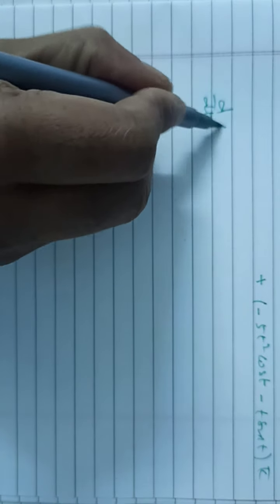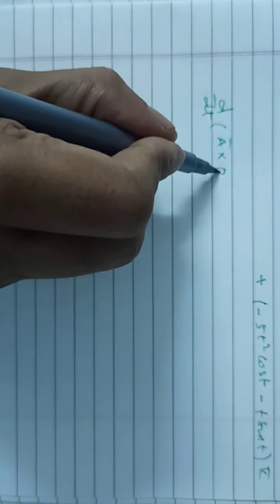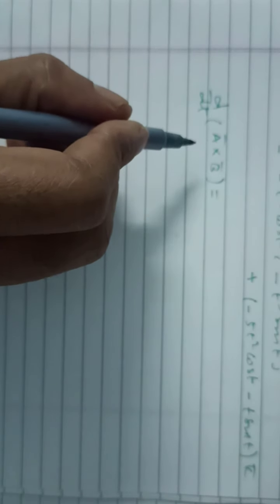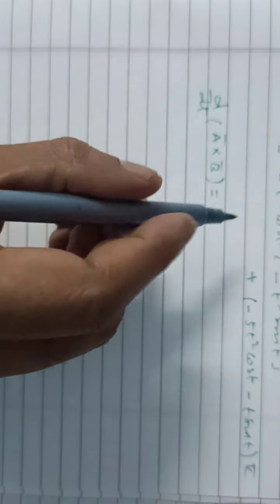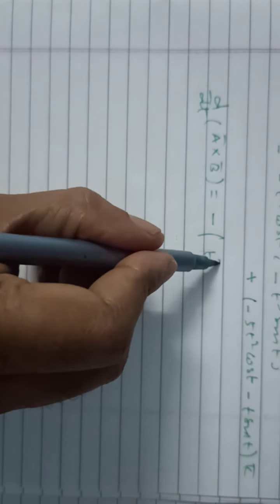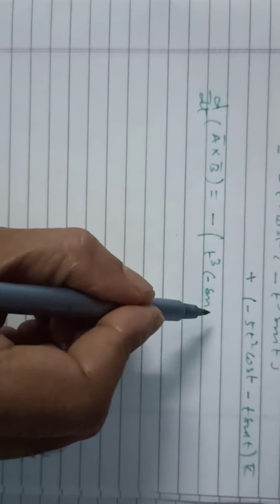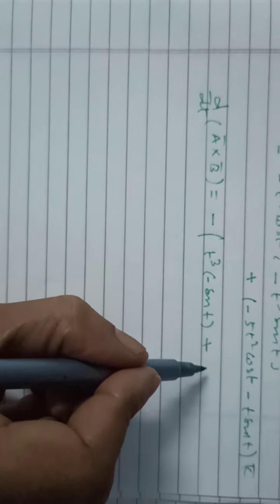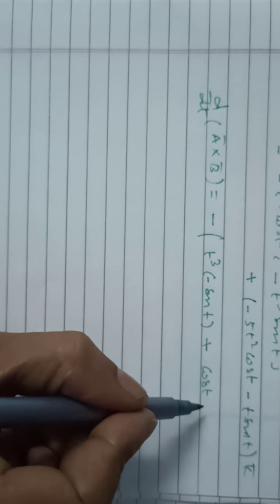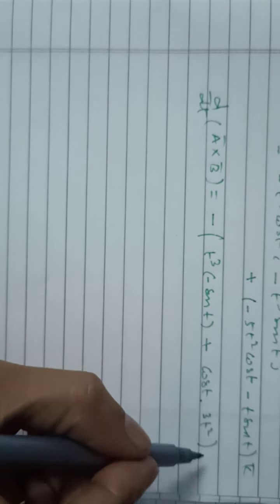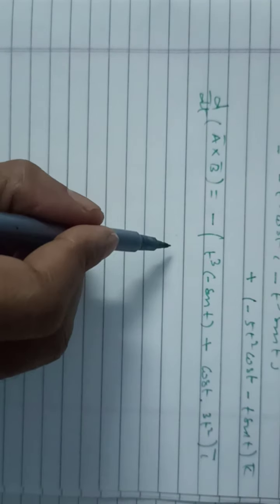So d by dt of a bar cross b bar is equal to: differentiate this, as minus is outside, t cube is constant, cos t differentiation is minus sin t, plus cos t is constant, t cube differentiation is 3t square, of i bar.